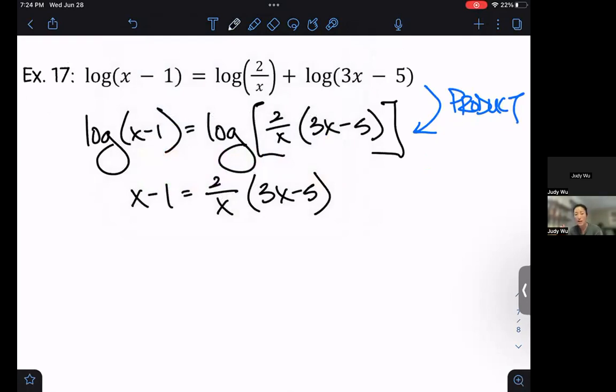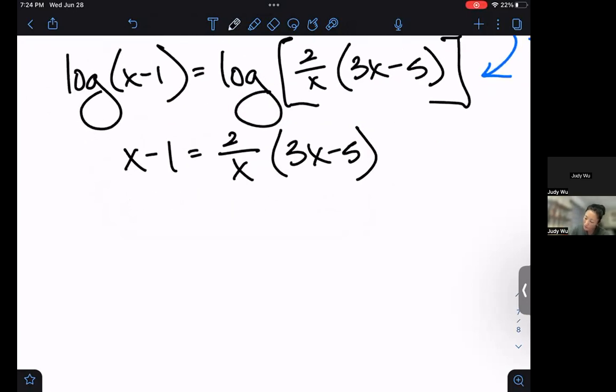All right, so I know that our algebra skills are a little rusty, and I want to make sure that we're going through this step by step, okay? So the first thing I'm going to do is take this x and multiply it to the other side, all right? So I've got x times x minus 1 equals 2 times 3x minus 5.